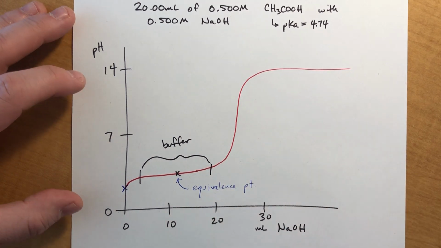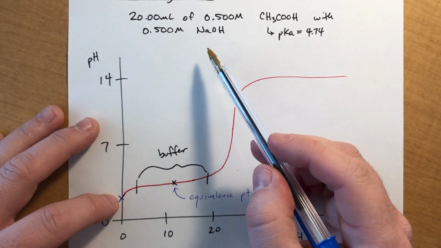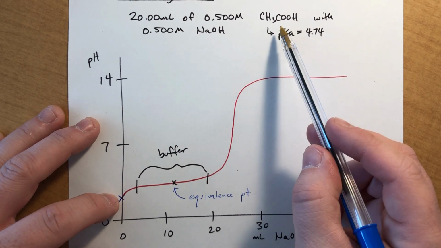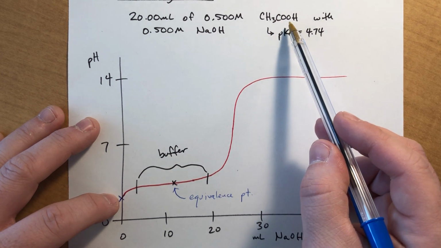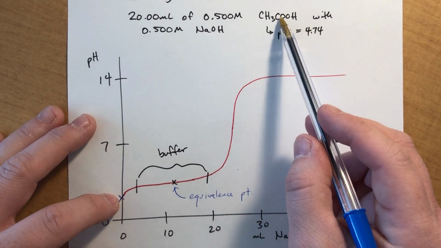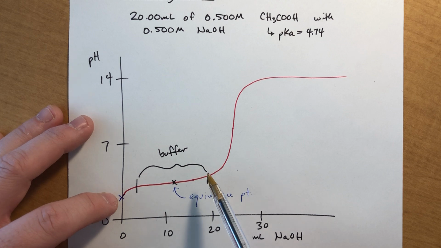Because, with a buffer, what's happening is as you add NaOH, this is an equilibrium, this shifts to the right and creates CH3COO minus, which is the conjugate base. So as you're titrating this, you're actually creating the conjugate base, which is why it forms a buffer.